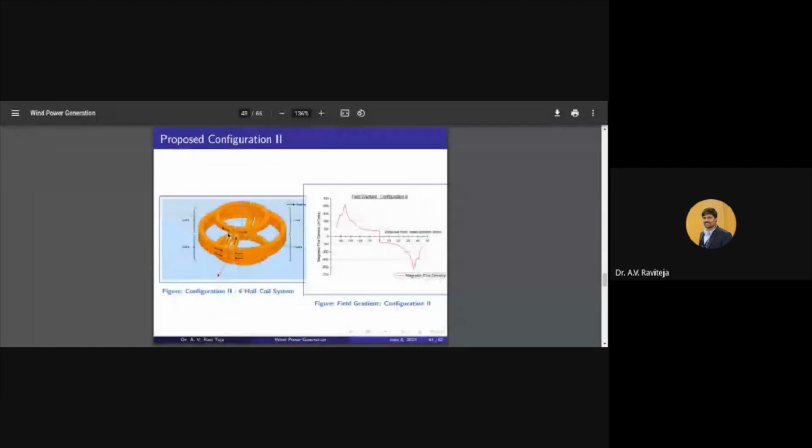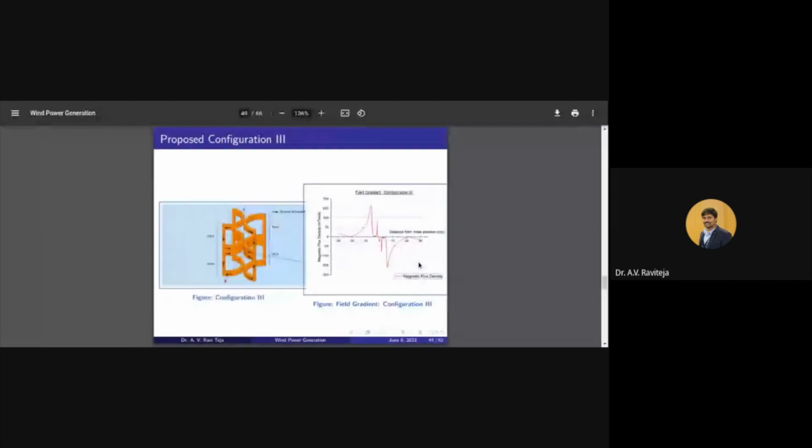And then we modified to this half coil system. Then we saw some flux change at the center, but this is not as high as at the ends. So then we modified the design further, configuration 3, and here we saw a better flux change, but the objective is to have maximum flux change at the center, so that even for small wind velocities and small vibration, I will have more generated voltage.